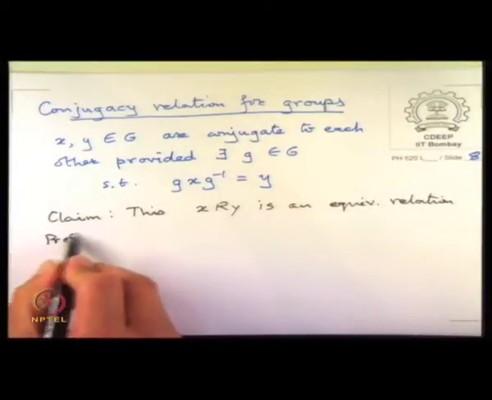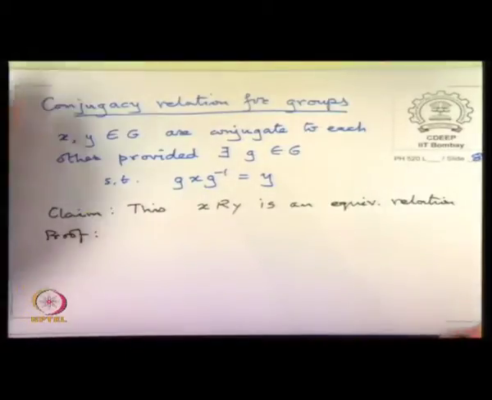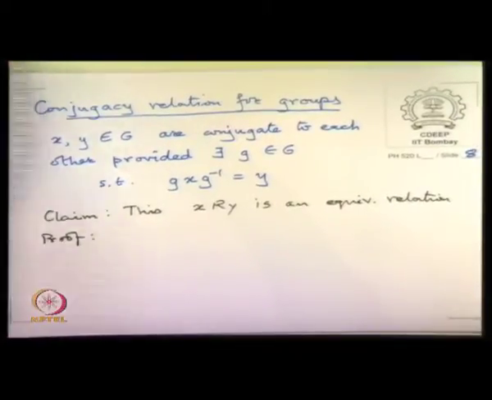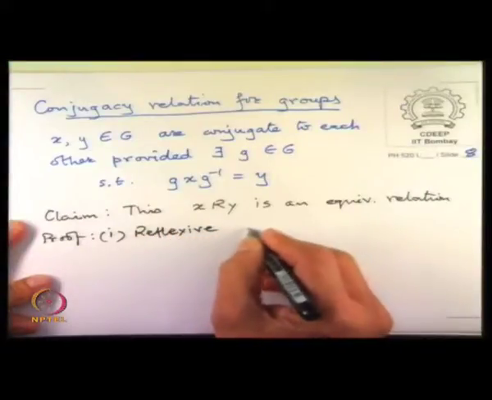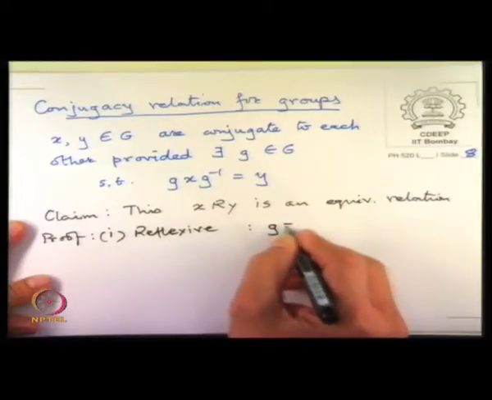Okay, and I am sure you have already started doing it in your head, checking why this is true. Can you write it down? What are the things to be checked? So we can check that reflexivity holds, g equal to e.